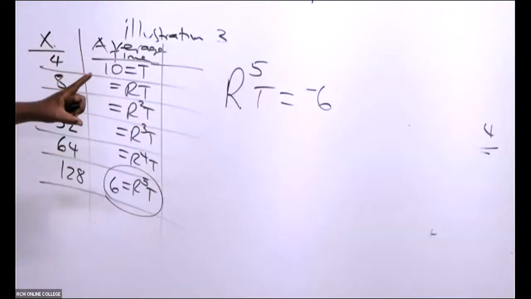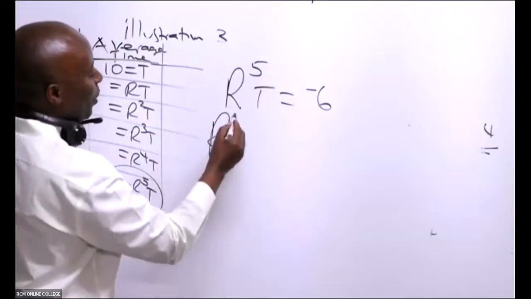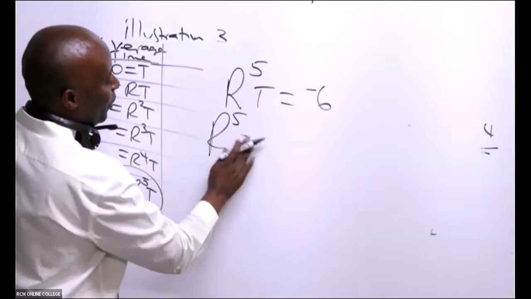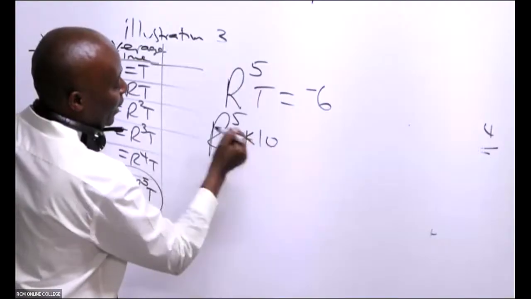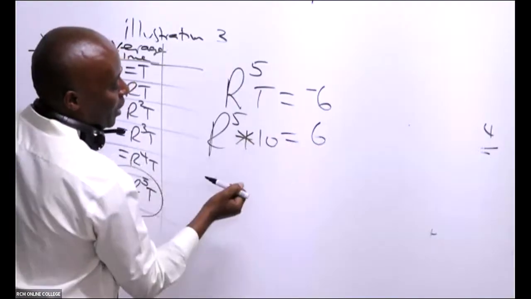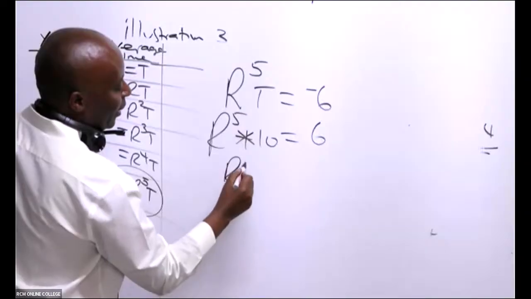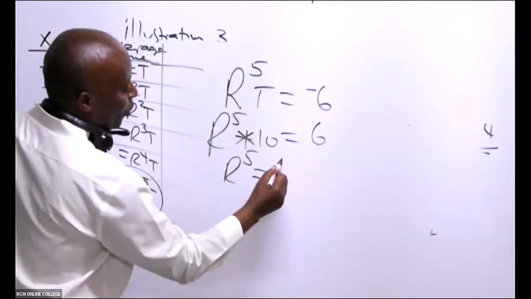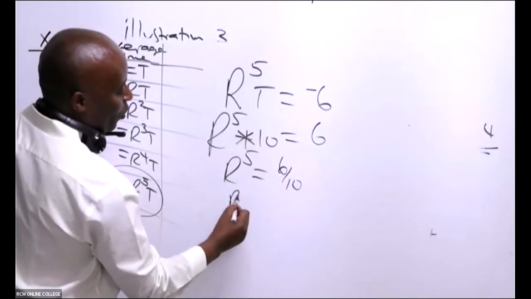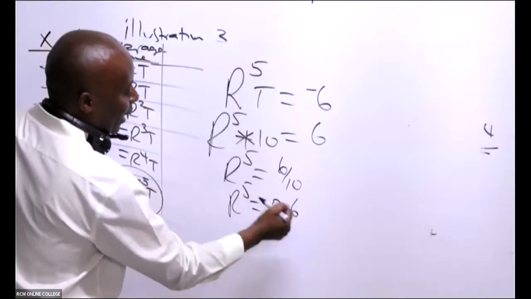Do we know the value of T? T, we know it, it is 10. So R raised to power 5 times 10 equals 6. So divide both sides by 10, itakuwa R raised to power 5 equals 6 over 10. Itakuwa R raised to power 5 equals point what here?